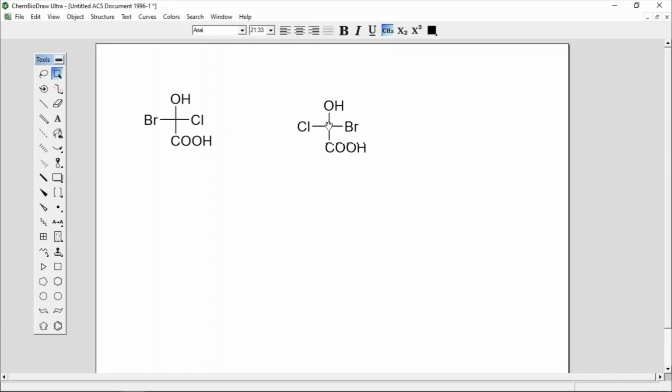You have to imagine this: take this molecule and try to superimpose it on the second molecule. When you superimpose, what happens? There is a clashing between chlorine and bromine, but OH and COOH overlap. That's why these are enantiomers of each other, because they are non-superimposable mirror images.